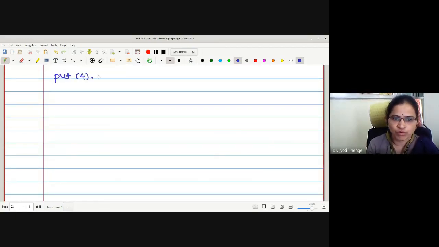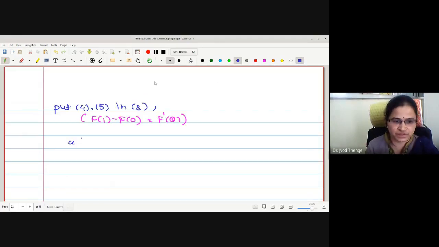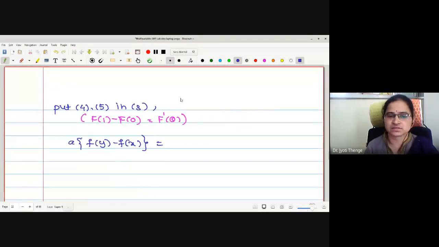What this 3 says is that f1 minus f0 is equal to f dash of theta. f1 minus f0 is a dot (f of y minus f of x), and f dash of theta is a dot f dash of z into (y minus x).